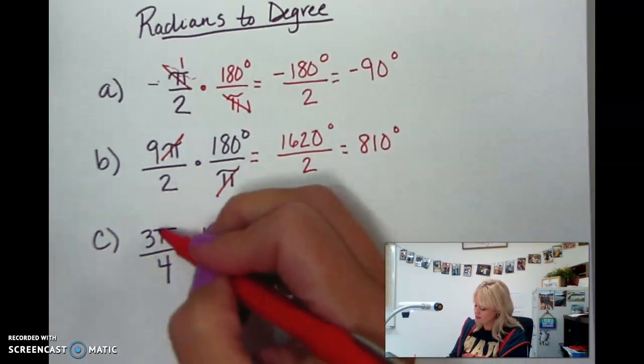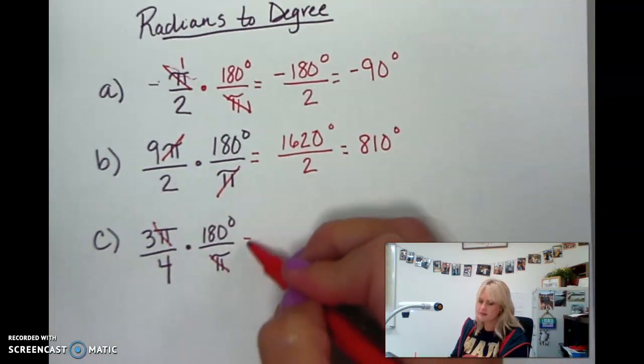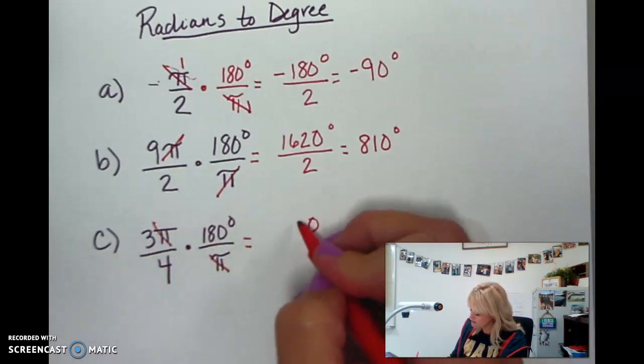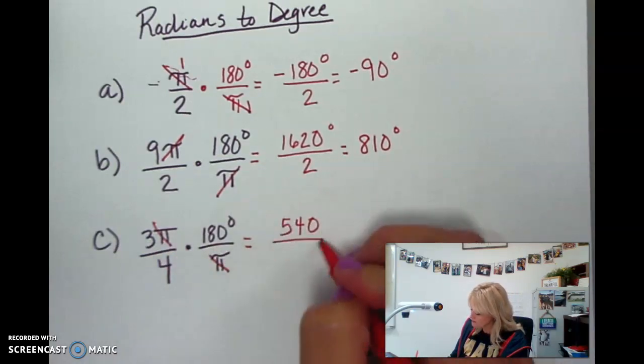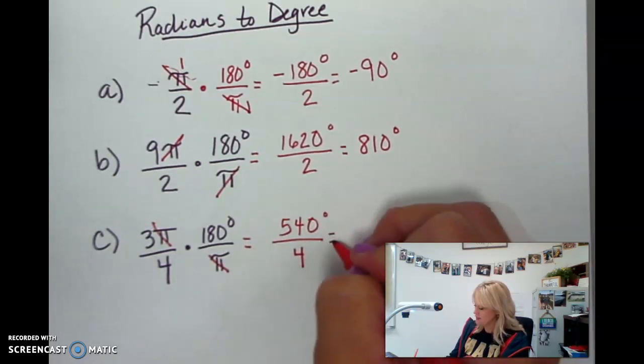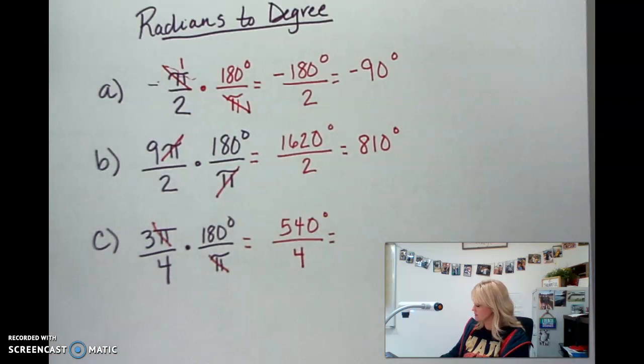If I have a pi on top and a pi on the bottom, they cancel. 3 times 180 and 4 times 1. And this gives me, I'm going to need my calculator here. Hopefully you ended up with 135 degrees.